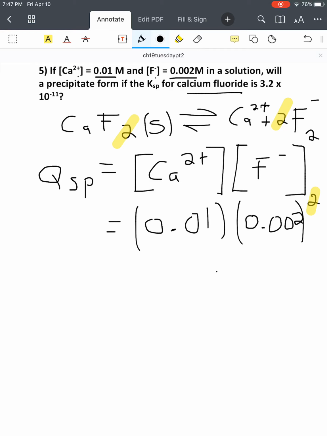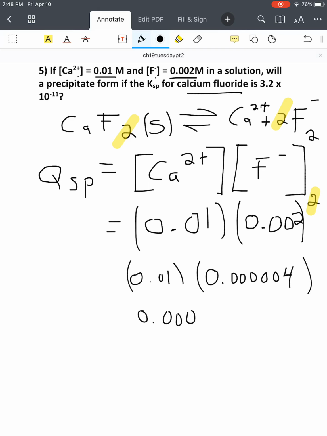I get 0.000004. I believe that's correct, right? 5 zeros, yep. That's 0.002 squared. Now I still need to multiply that by 0.01. If I do that, I get 0.00000004.